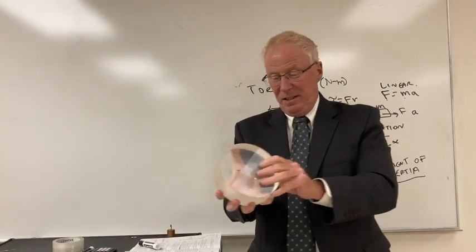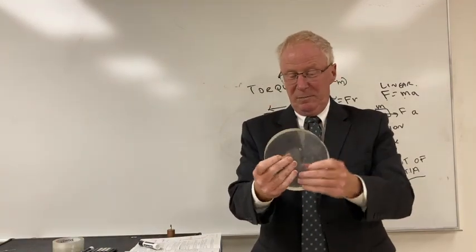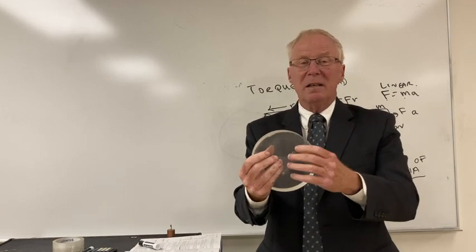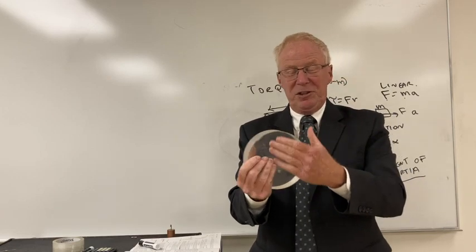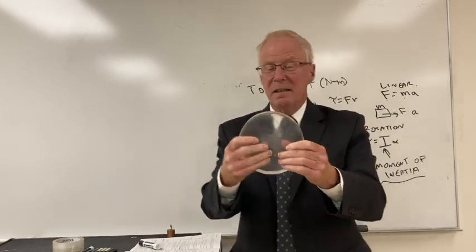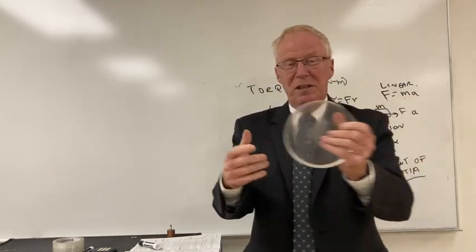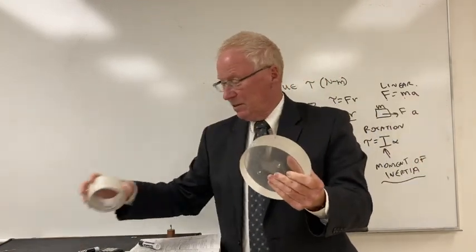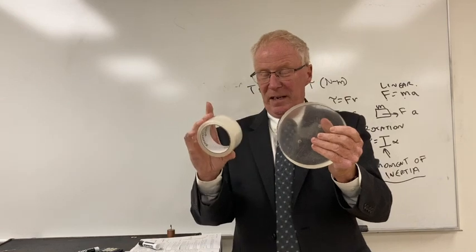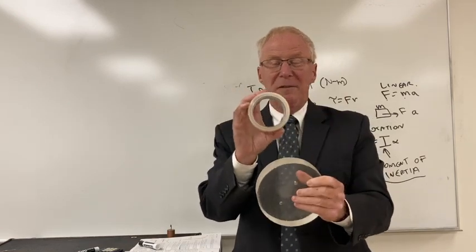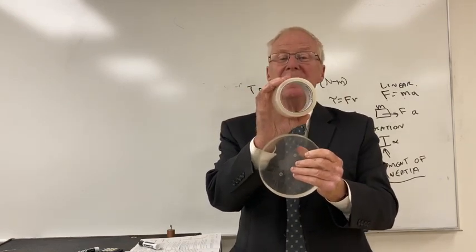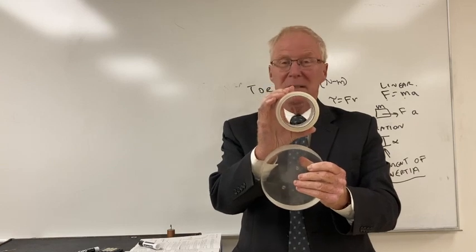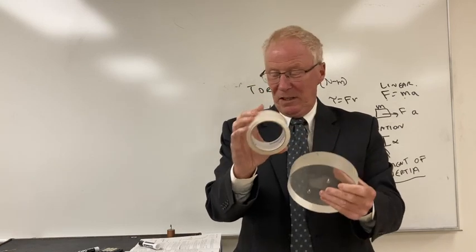So take this disk. It has a certain mass, a certain radius, a certain shape to it. Say this tape has the same mass. They both have the same inertia; we both have the same mass.